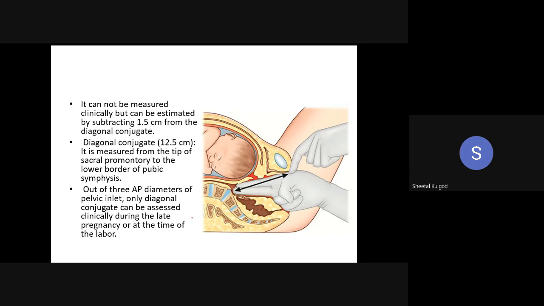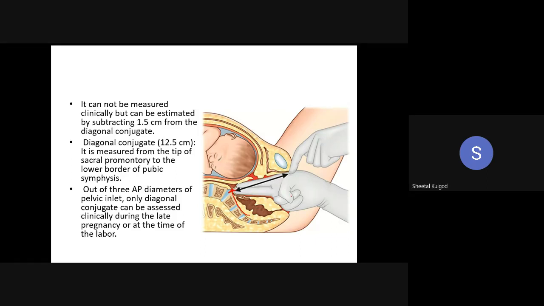Clinically, if you want to approximately measure the anterior posterior diameter of the pelvis, what you can measure is only the diagonal conjugate. How it can be measured is shown in the figure here. When you are doing a pelvic examination, you introduce two fingers into the vagina, and you sweep your fingers from the lower to the upper side until you feel the prominence of the sacral promontory.